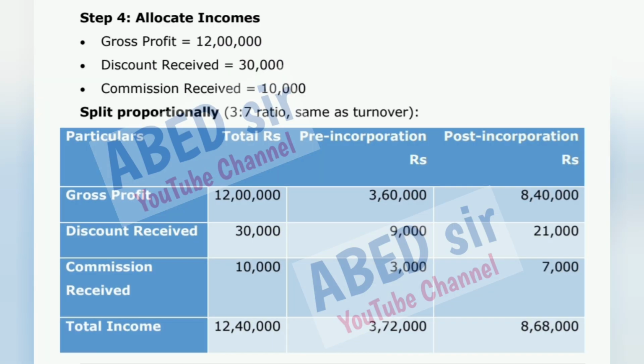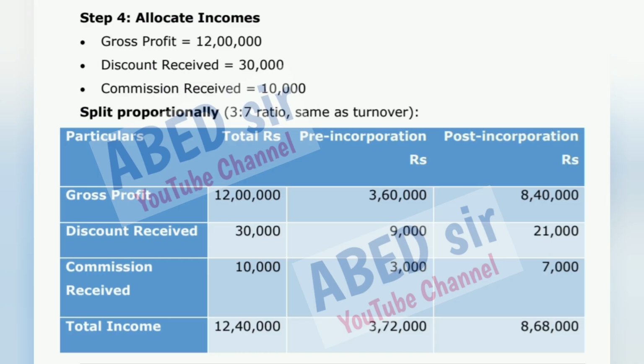Step 4. Allocate incomes. Gross profit is equal to 12 lakhs. Discount received is equal to 30,000. Commission received is equal to 10,000. Split proportionally, 3:7 ratio, same as turnover. Particulars, total rupees, pre-incorporation, post-incorporation.